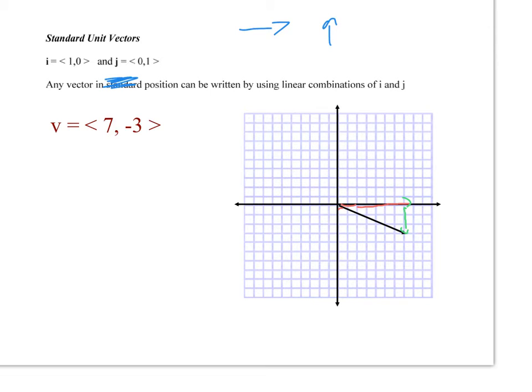So we can also write this vector as 7i minus 3j, and that's just another way to write a vector. You can write it in component form, hard brackets, or you can write it as a combination of standard unit vectors i and j. So 7i minus 3j.